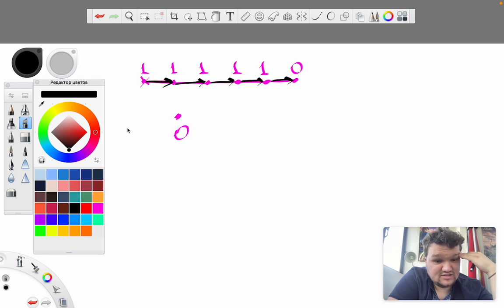Now I want to say that there aren't any valid orders that flip the direction of any edge, because there are no cycles.